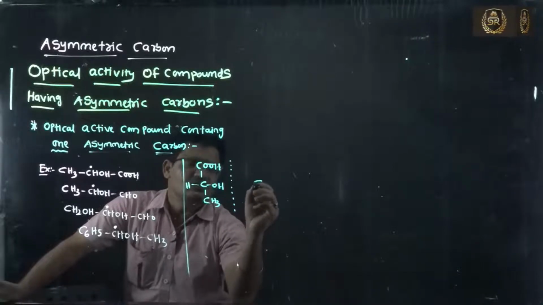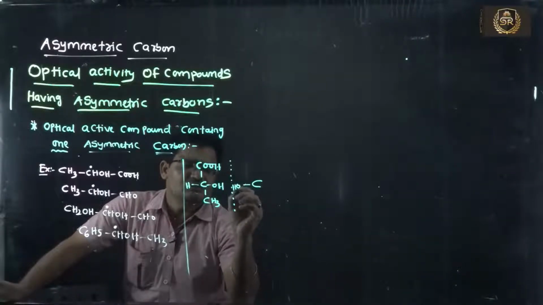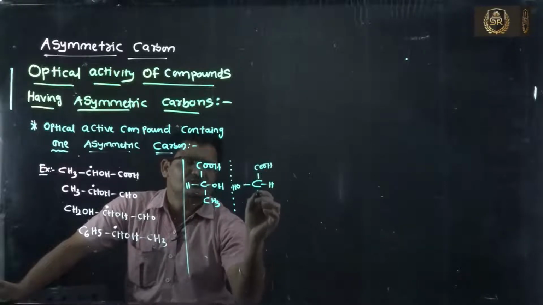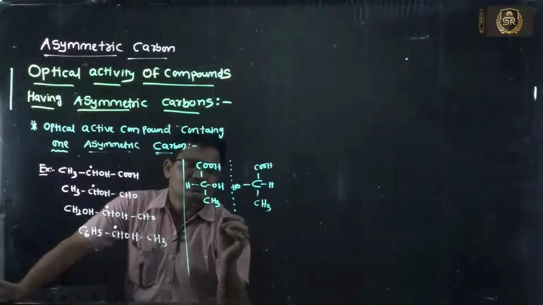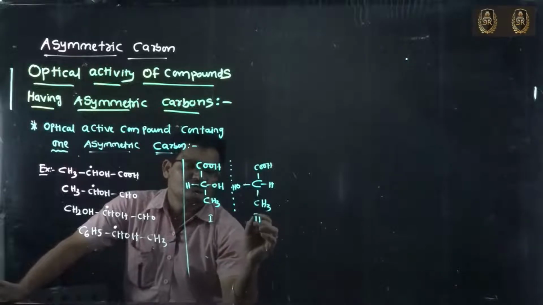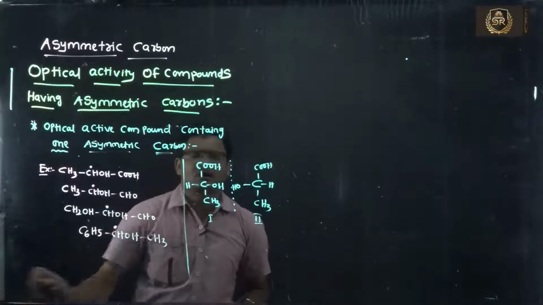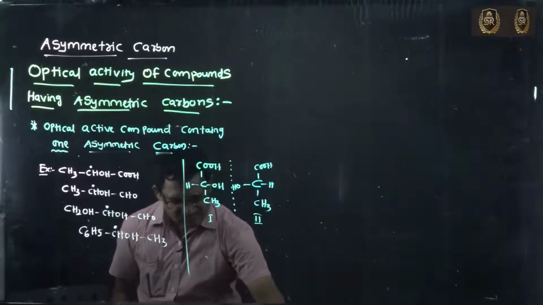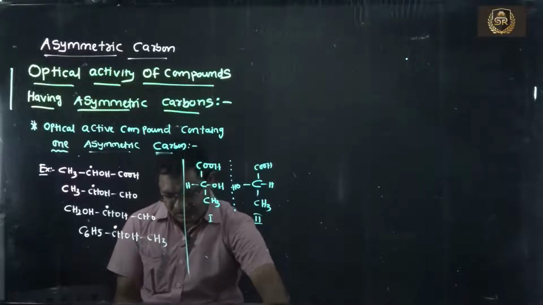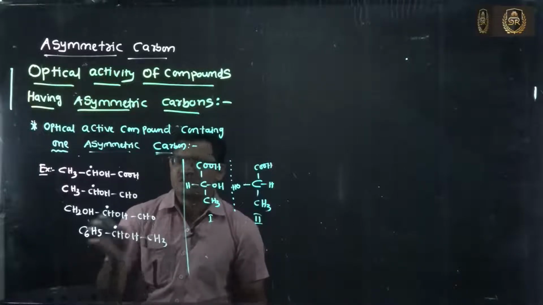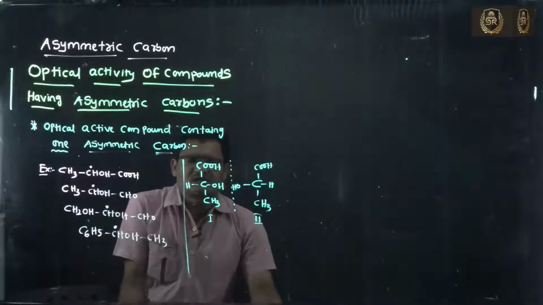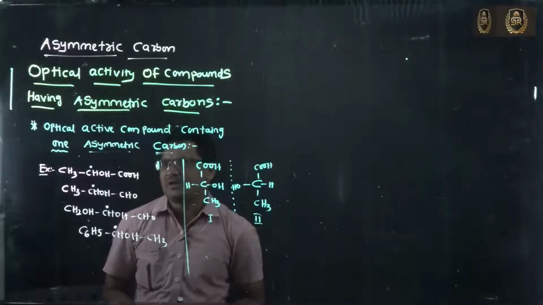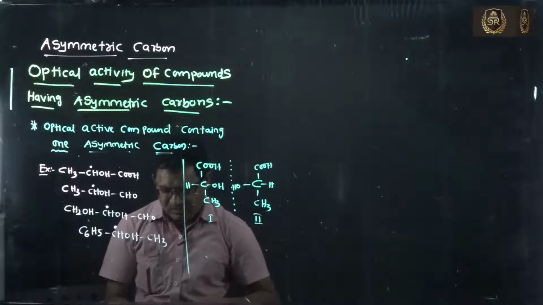On this side OH, here H, this side COOH, this side CH3. So this is 1, this is 2. 1 and 2 are mirror images of each other, and that is called an enantiomer pair.